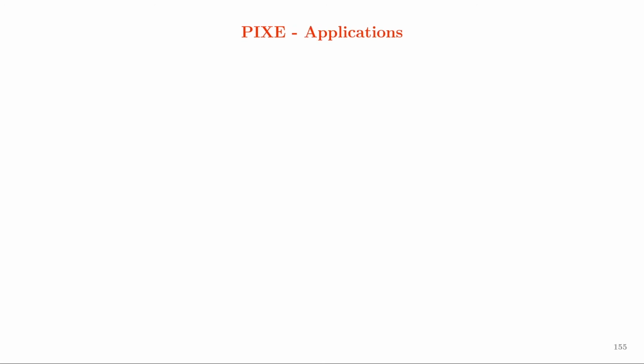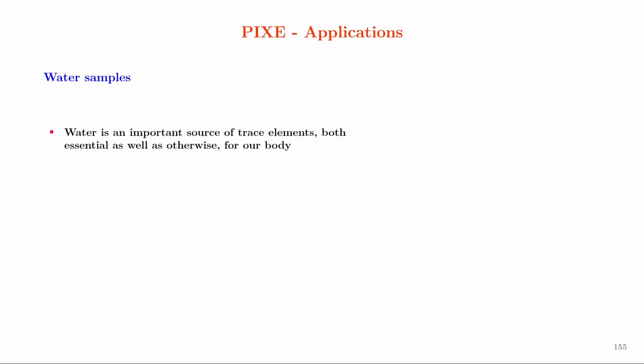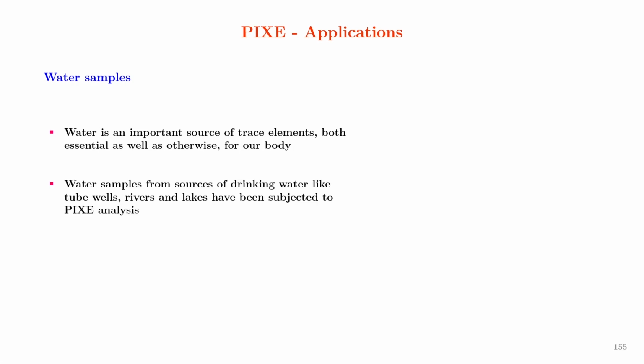We shall now discuss the applications of PIXE in characterizing water samples and in the investigations using human hair samples and forensic samples. Water samples. Water is an important source of trace elements, both essential as well as otherwise, for our body.